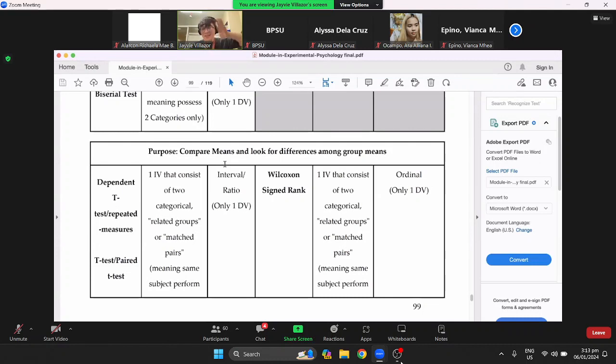Yung side dito, that pertains to parametric. And the other statistical tests in this side, these are non-parametric. So counterpart siya.